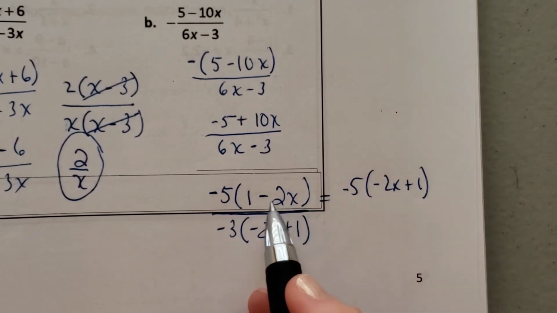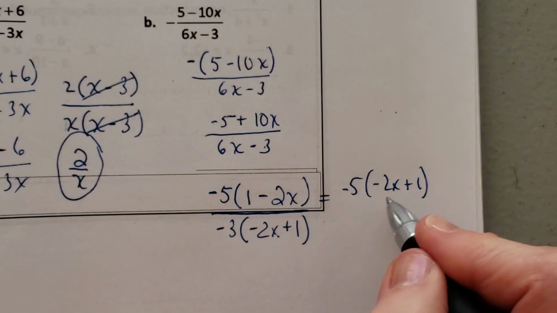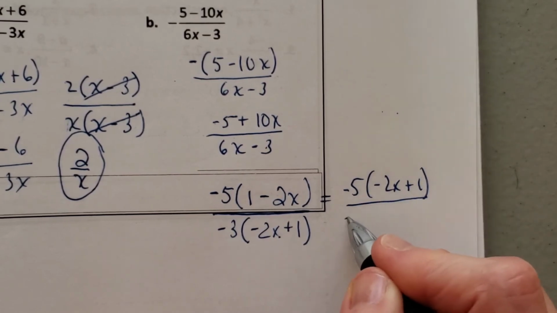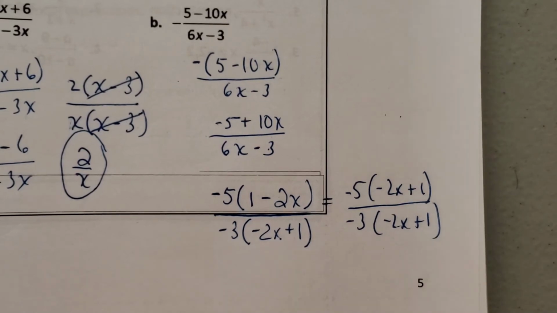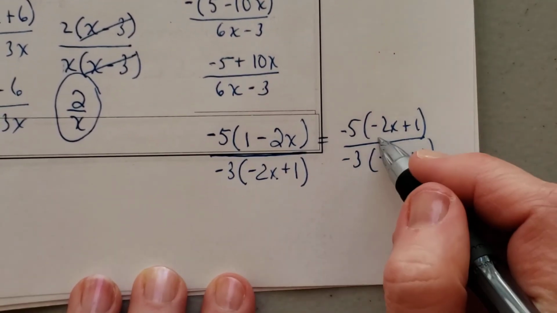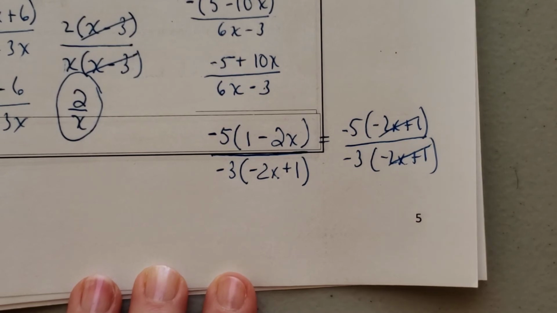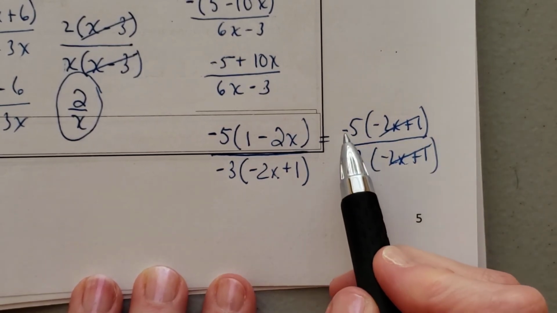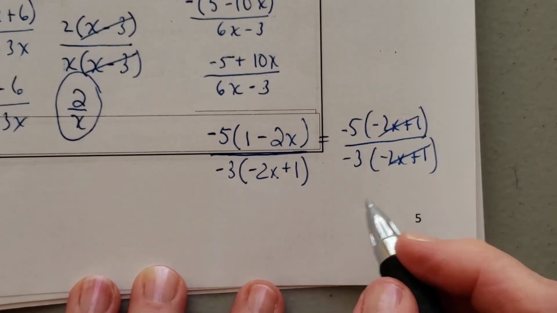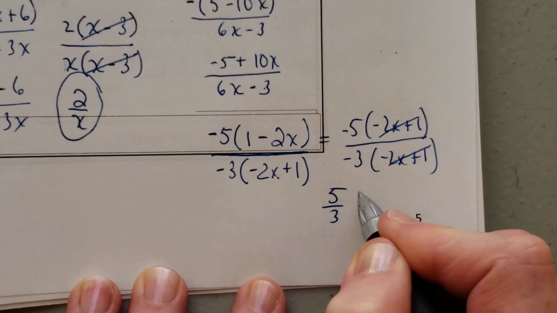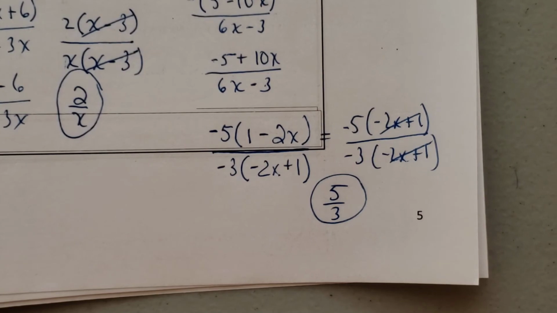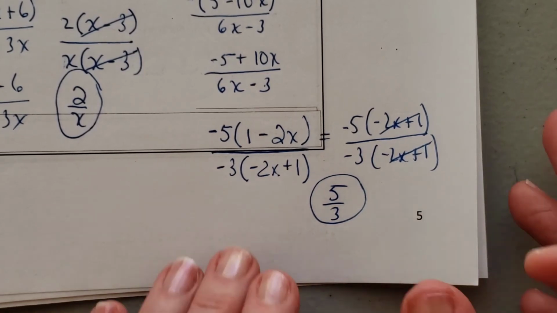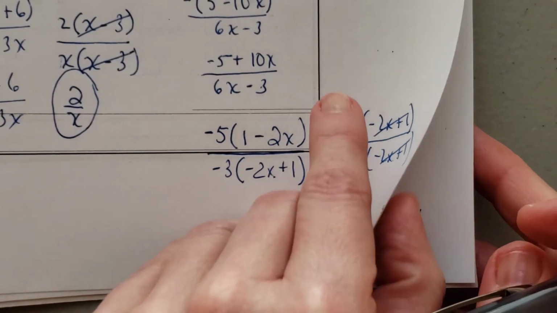I can rearrange the numbers as long as I keep their sign with them. And when we rearrange it on the bottom, don't we already have negative 2x plus 1? We sure do. So those cancel. And then the last thing we have to think is, what is a negative divided by a negative? Of course the answer is positive 5/3. So in Hawks, if you try to put negative 5 over negative 3, it'll tell you your answer is not simplified. So you'll have to finish that and make it a positive number.